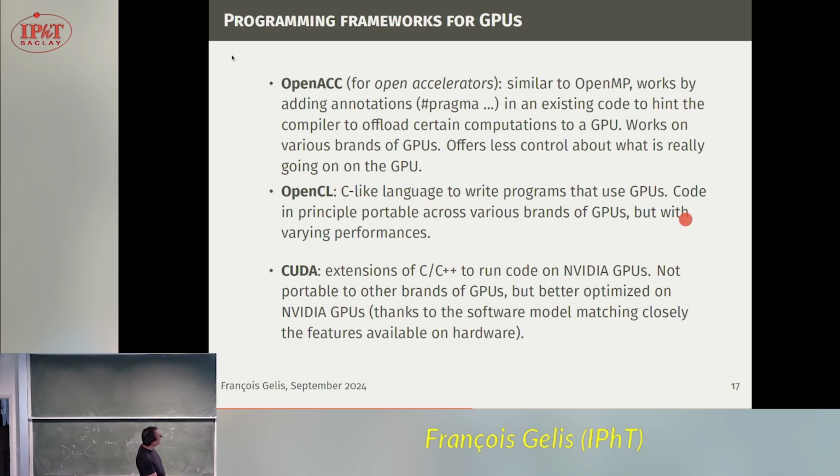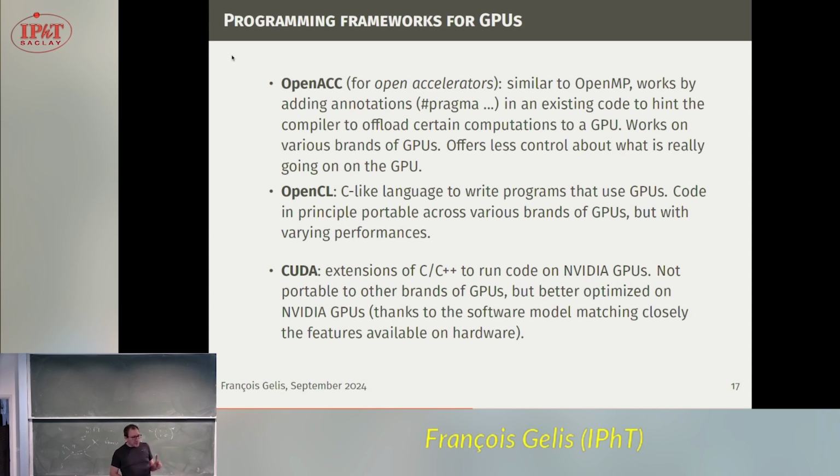So I took this from a very high-level description. It's a programming language which bears some resemblance with C and has some extra instructions to write programs that use GPUs. In principle, the programs you write in this language are portable across all brands of GPUs.